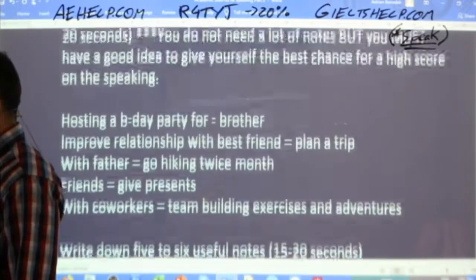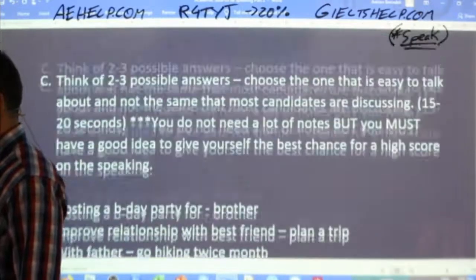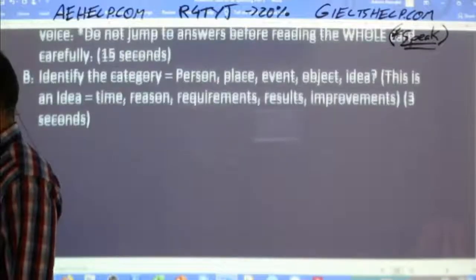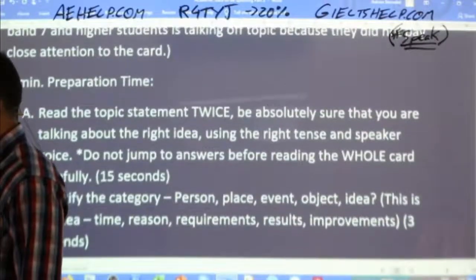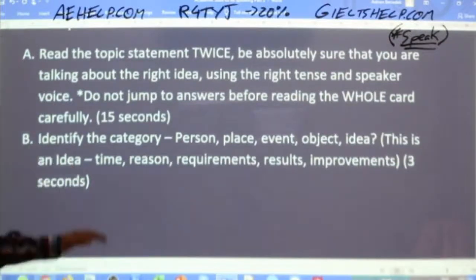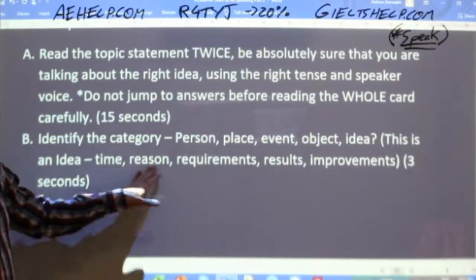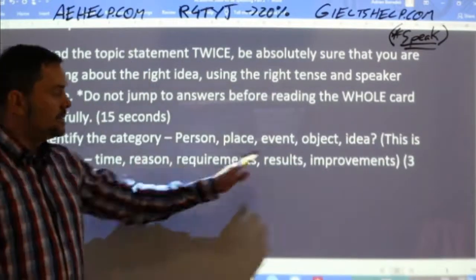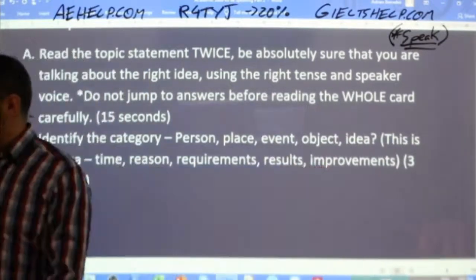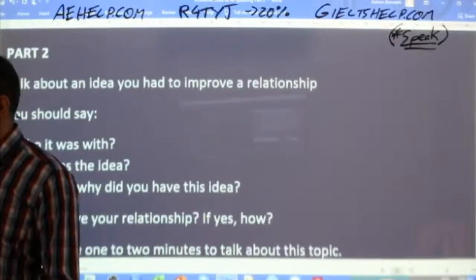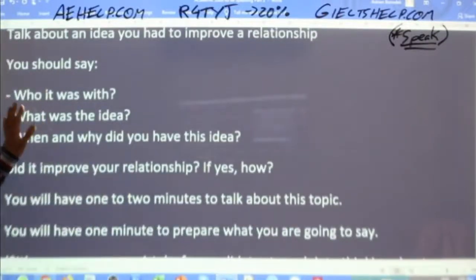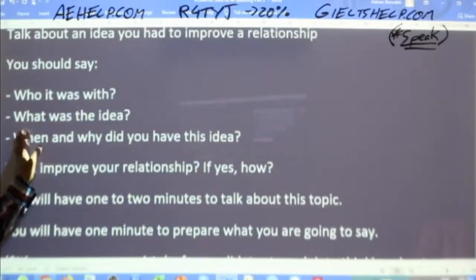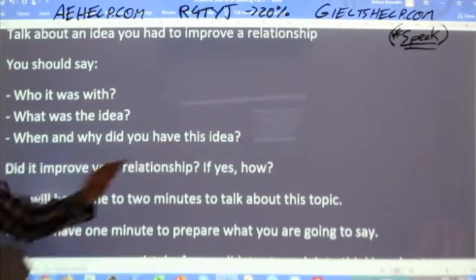And what you want to do here, students, is you want to think about these critical points. So time, reason, requirements, results, improvements. Think about this first, and then second, think about the actual questions on the card. Who was it with? What was the idea? When and why did you have this idea?